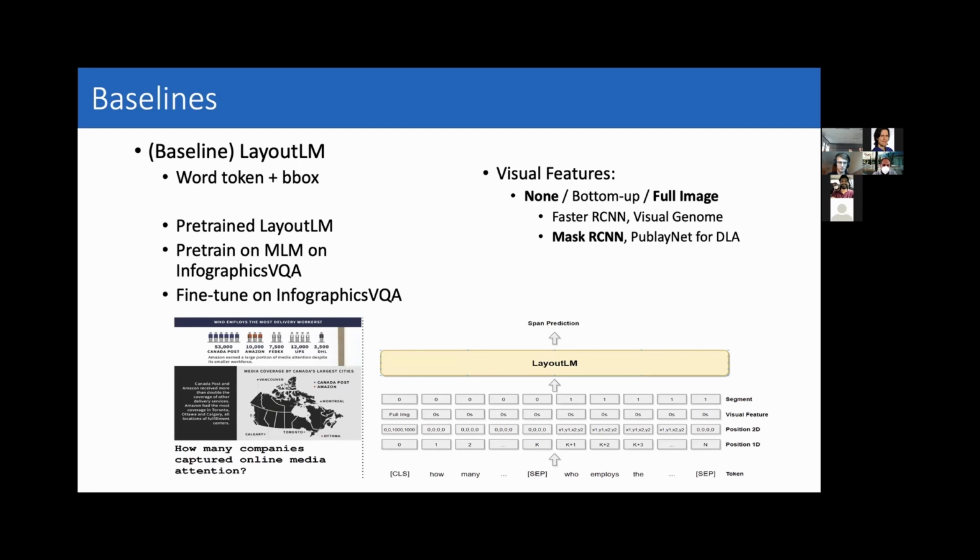For the visual features we tried Faster R-CNN pre-trained on Visual Genome and Mask R-CNN pre-trained on PubLayNet for document layout analysis. And we found that not using the visual features, or using the representation of the full image with the Mask R-CNN, gave the best results, but with very slight differences, which means again that infographics are not like generic documents, but also not like scene images.